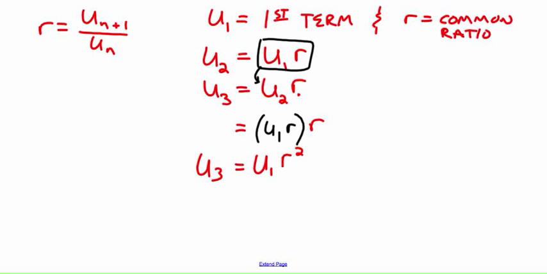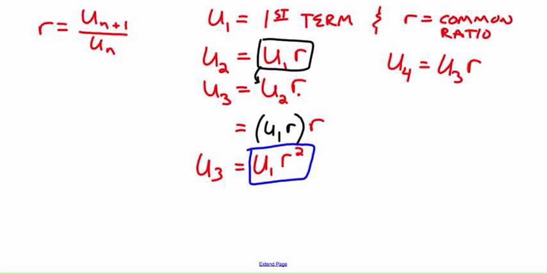All right, you probably know where we're going with this. U of 4. What is u of 4? U of 4 is going to be u of 3 times r. Whatever that term is, multiplied by our common ratio, we'll get u of 4, our fourth term. But as we saw, u of 3 is the same thing as u of 1 times r squared.